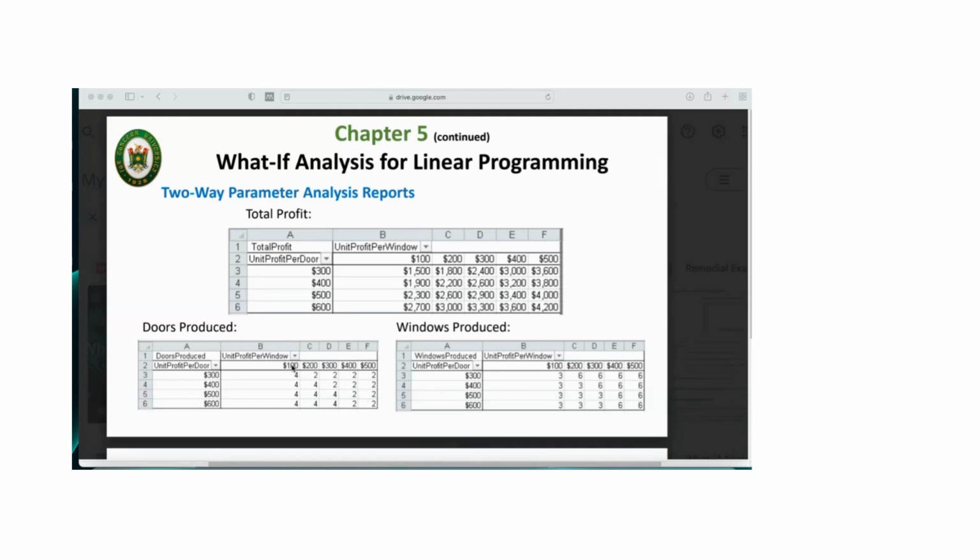Where do they meet? What will be the optimal solution? We have cell A6. Then they meet here. They intersect. Use 100 as the unit profit per window, and change 300 to 600.